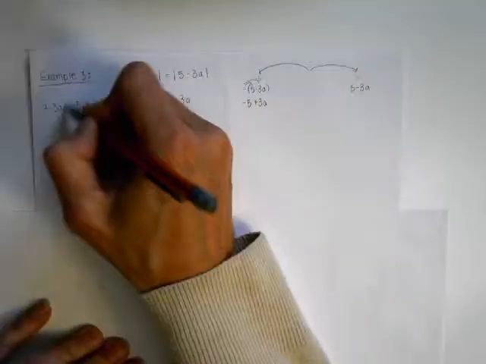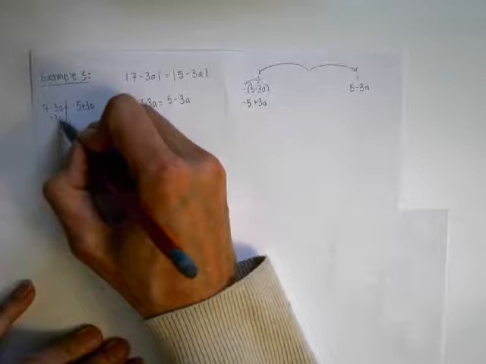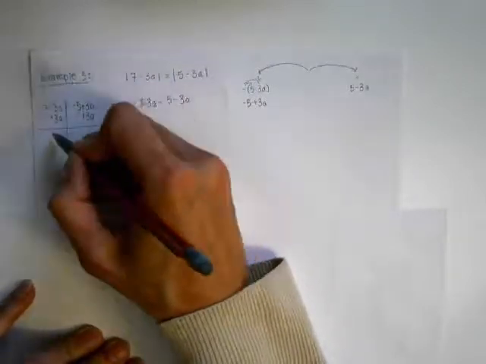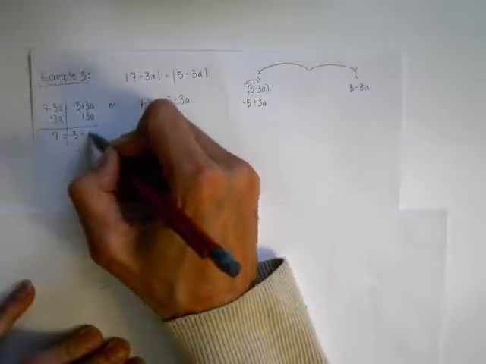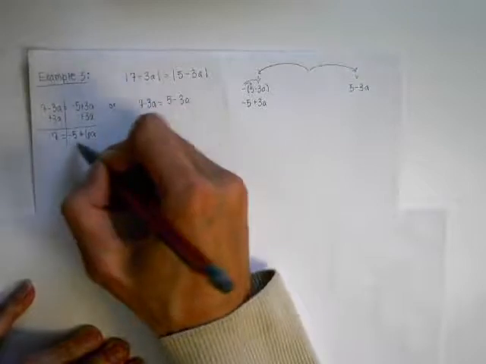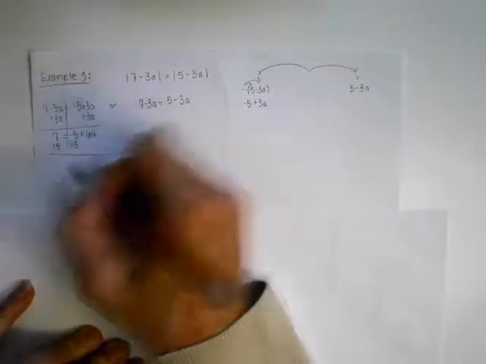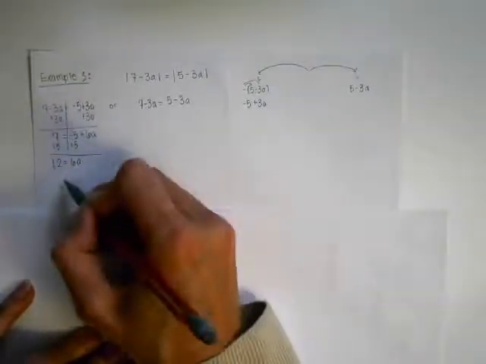Solving on this side, we're going to add 3a to both sides. And we get 7 is equal to negative 5 plus 6a. And add 5 to both sides. And we get 12 is equal to 6a. Dividing by 6, we get a is equal to 2.